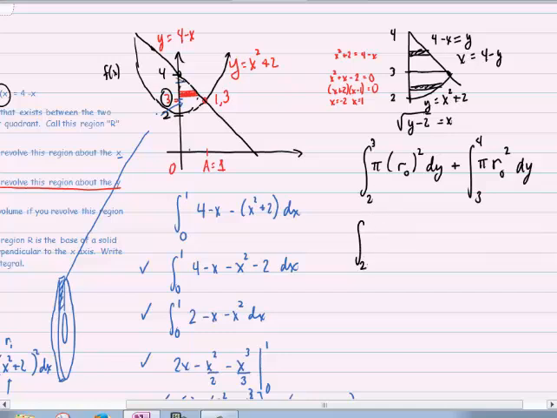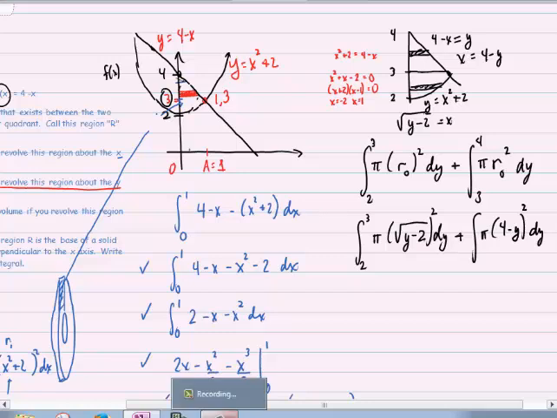So for the first function, it's going to be from 2 to 3 pi times root y minus 2, and remember to square that. And for the second one, it's going to be pi, the radius outer would be 4 minus y dy. Remember to square that. I want you to anti-differentiate, and let's see if our answers match.